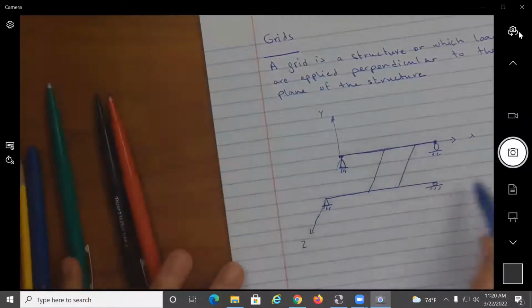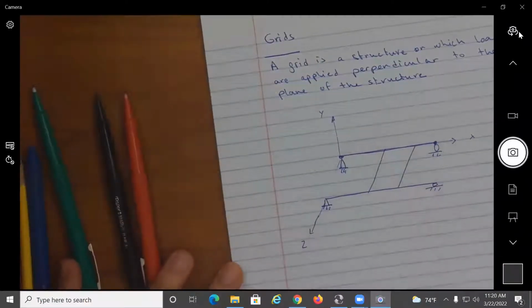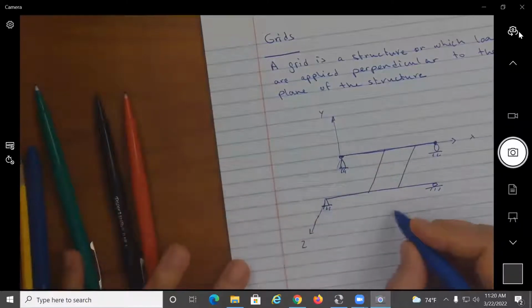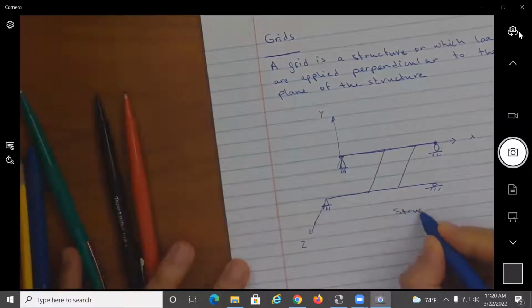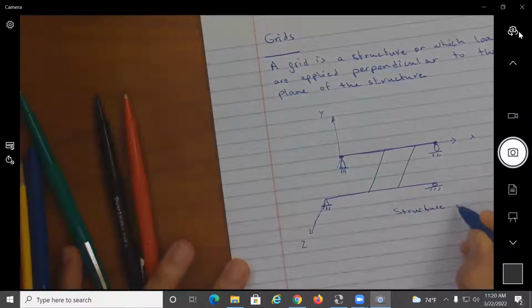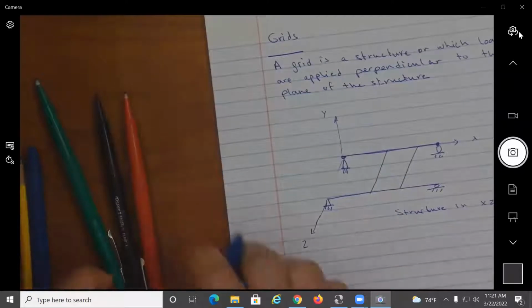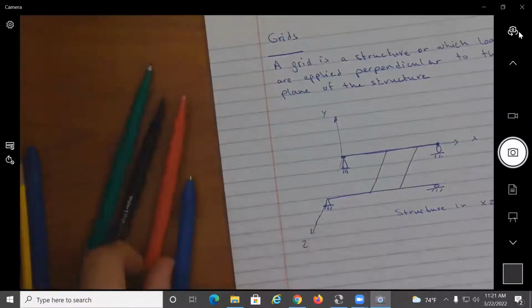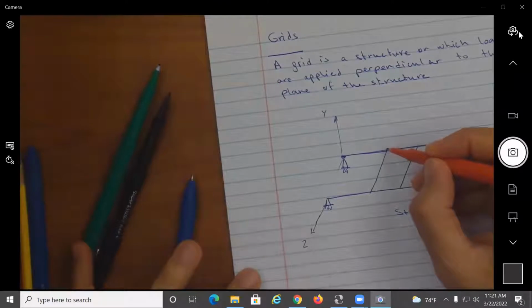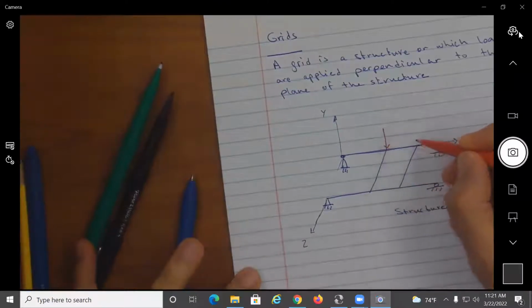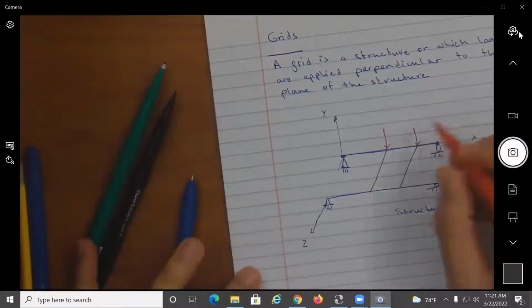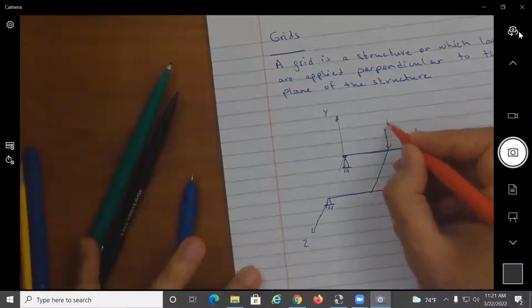So you see my structure is in the XZ plane. And this structure will be subject to loads that are perpendicular to the plane. So the loads here are acting in the Z directions.